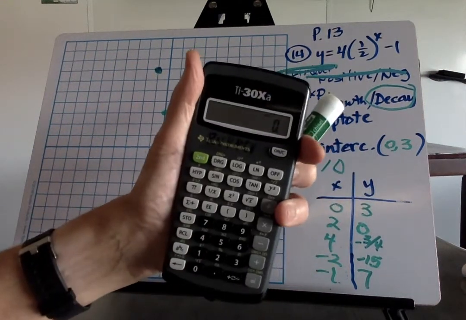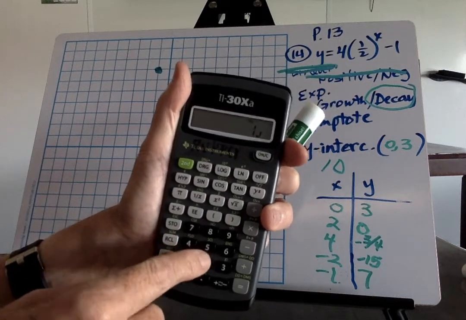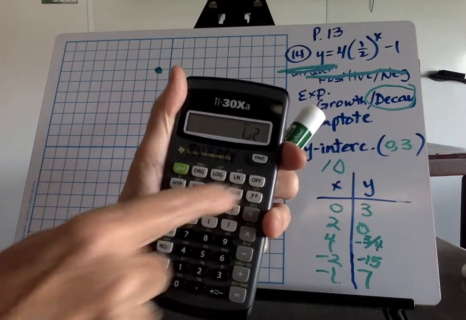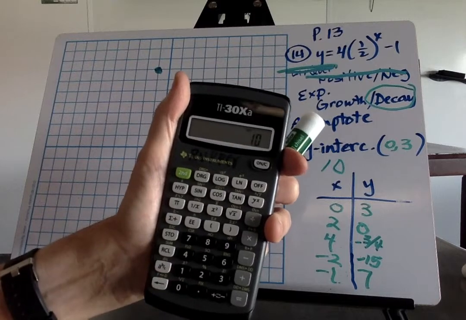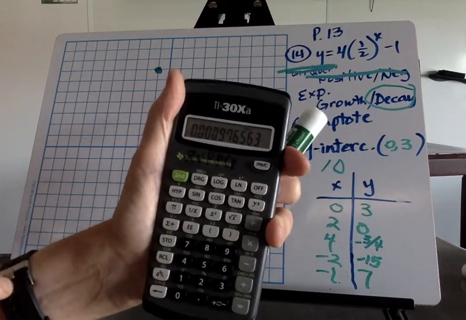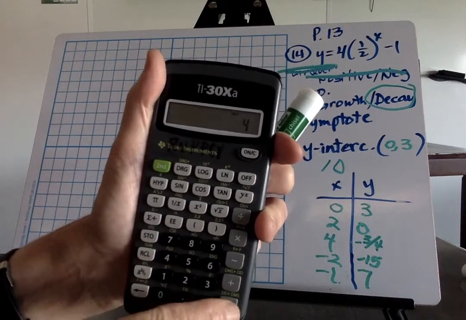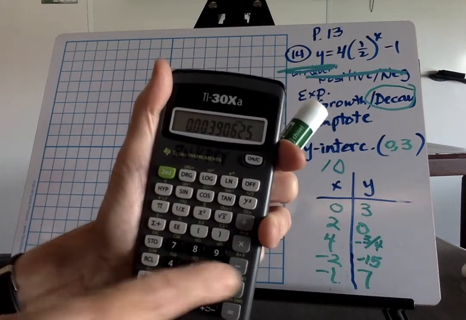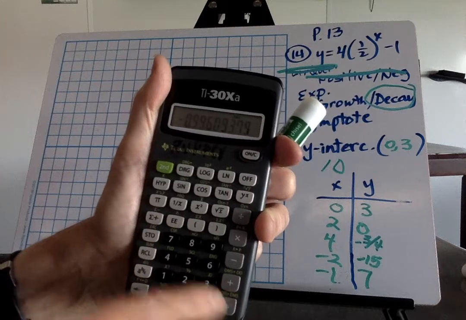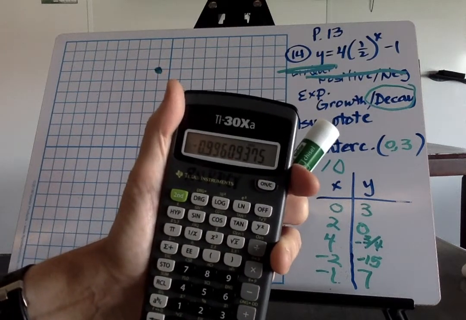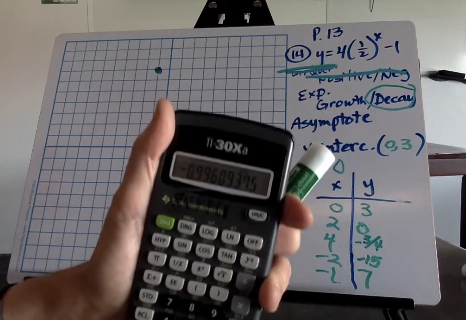Handy dandy calculator. 1 ABC2, y to the x, I'm going to raise it to a power of 10, equals, oh, that's a really teeny number. Then we go times 4 equals, and then minus 1 equals. So that's getting very, very close to -1.